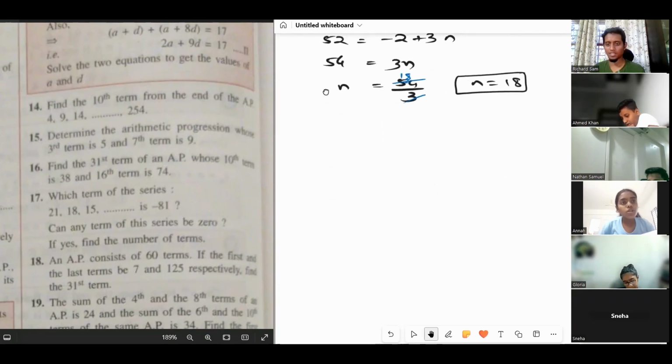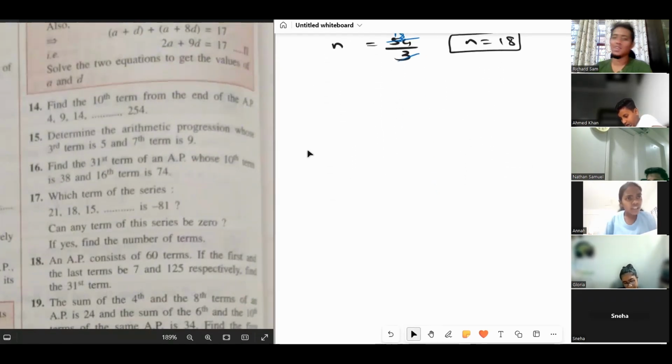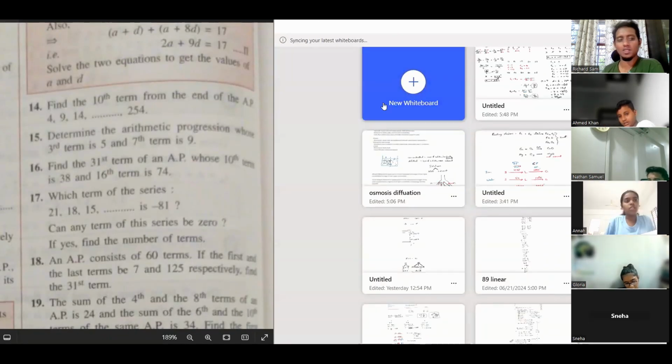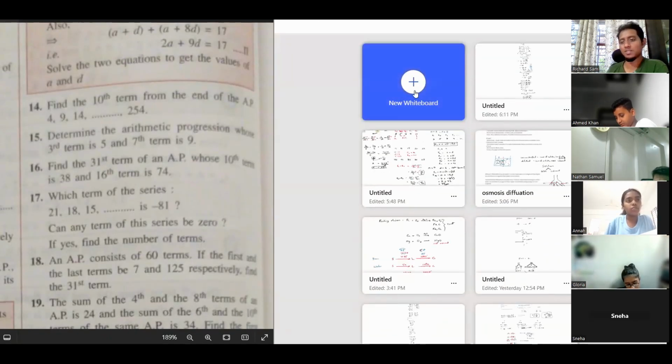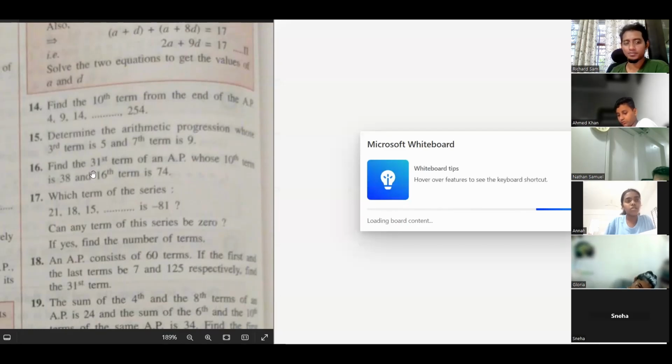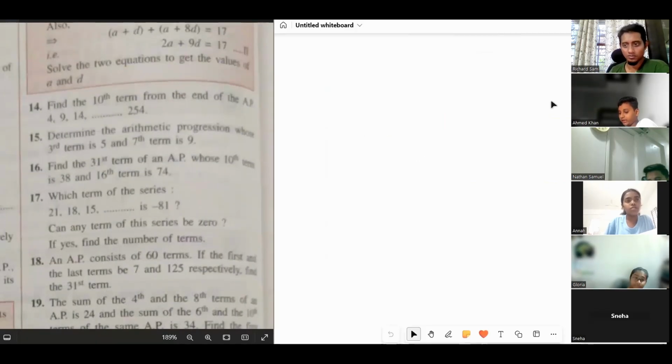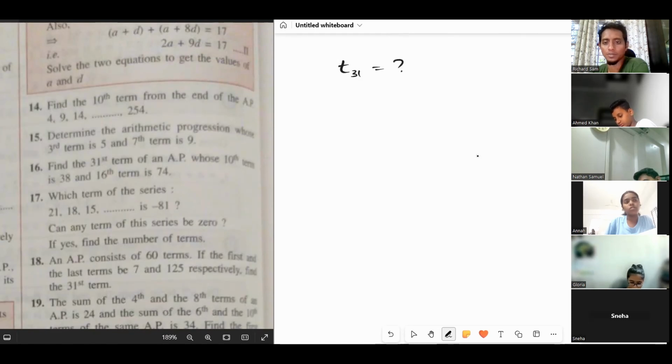Okay, so this is a completely different type of question. Okay, what have they given here? What do we understand from the 16th question? What is given? We have to find the 31st term. And the 10th term is 38 and the 16th term is 74. Okay. So we have to find T31.